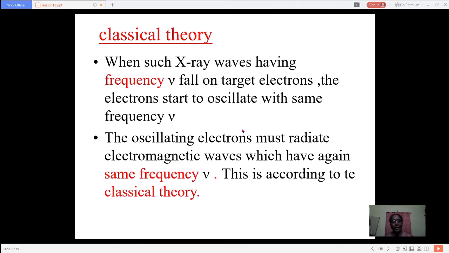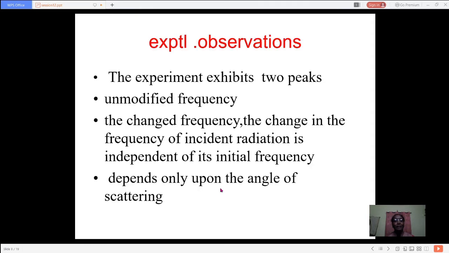When it oscillates, an oscillating charged particle is supposed to radiate electromagnetic energy. Therefore, it will once again give out radiation with the same frequency as that of the incident radiation. This is the classical idea. But experimentally, what was observed?